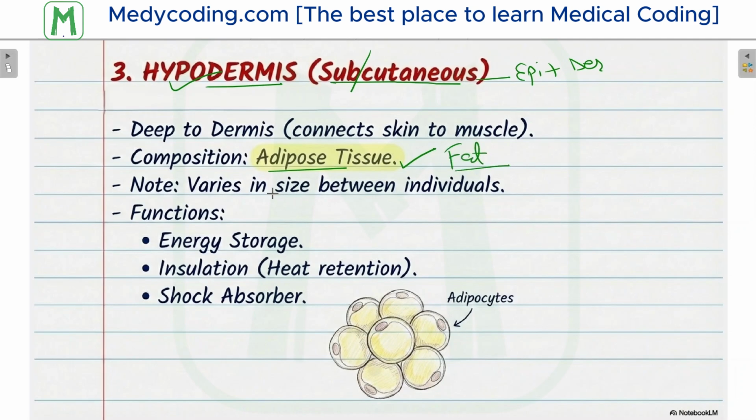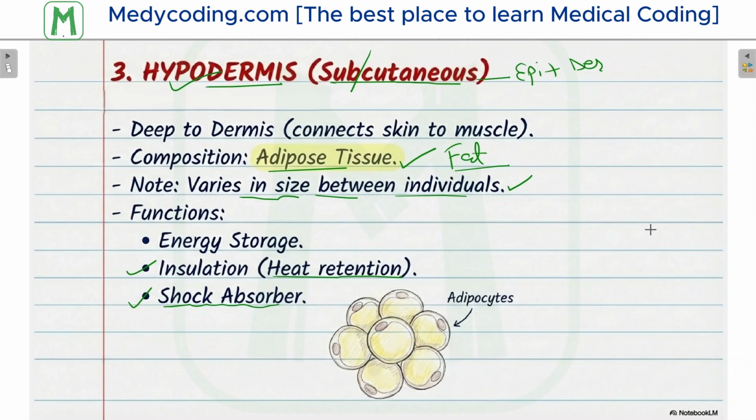This fat stores energy, and the depth is different for different persons because the amount of this tissue will be different. It also provides insulation. This is the reason fat people will feel less cold because of this tissue. The next is it acts as a shock absorber.